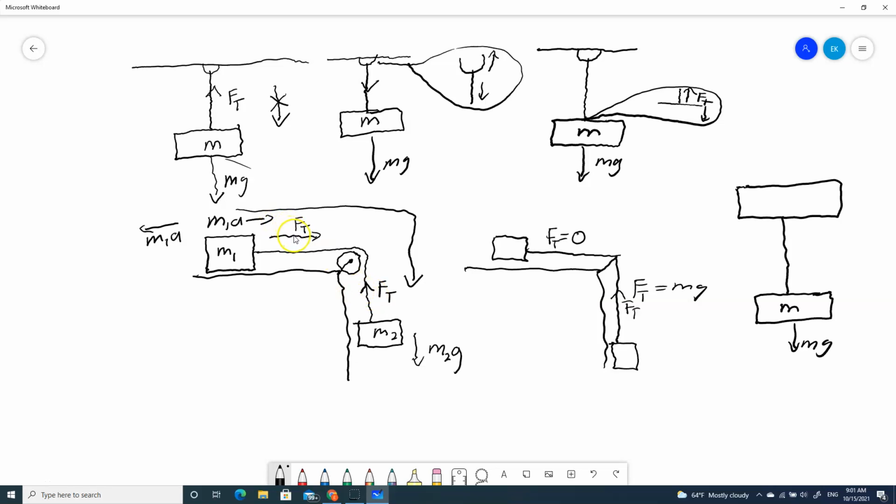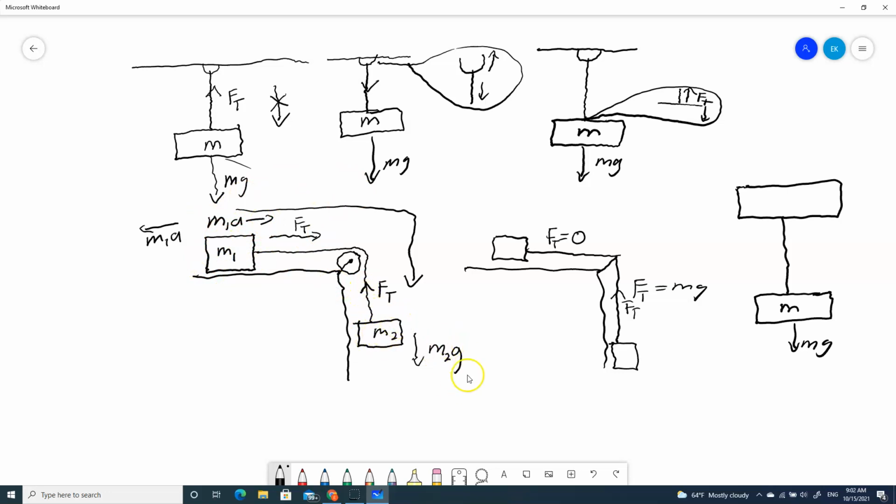Just portray it accelerating in your mind, and you'll see that M2 clearly will not accelerate as fast as it can because of this heavy mass tied right here. And then you can clearly imagine that the rope slows down M2 from fully just falling downwards. Therefore, where's the tension in the rope? Upwards.